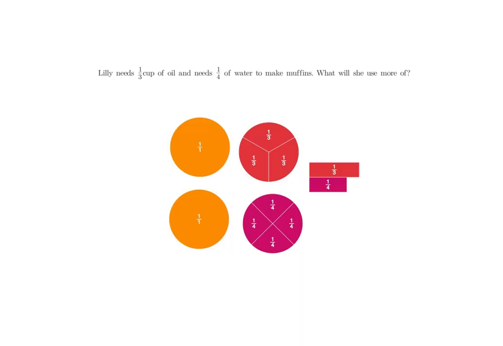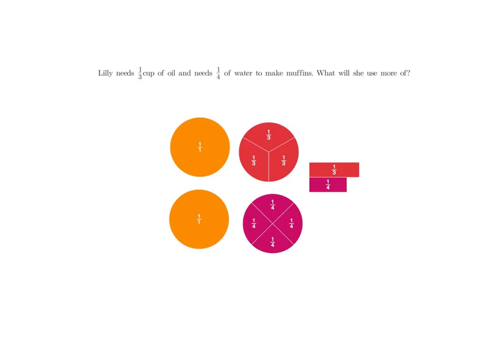For our 1/3, we have 3 equal parts sized 1/3 to give us 1. And with our 1/4, we have 4 equal parts to give us 1. We need to figure out if 1/3 or 1/4 is bigger.